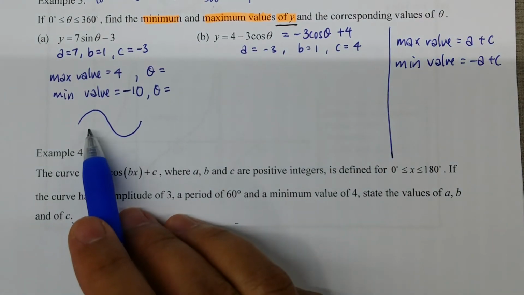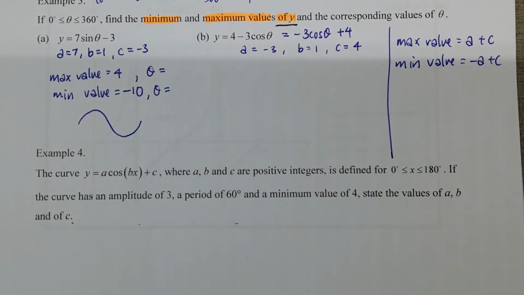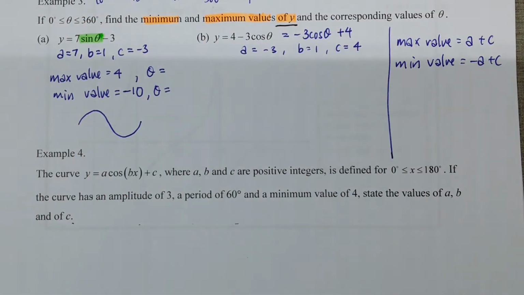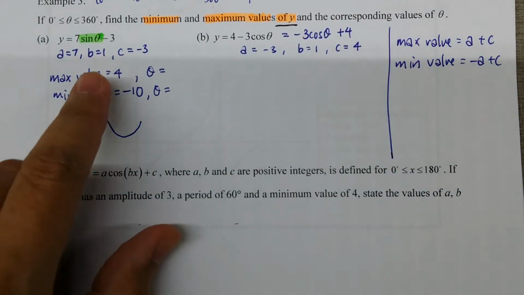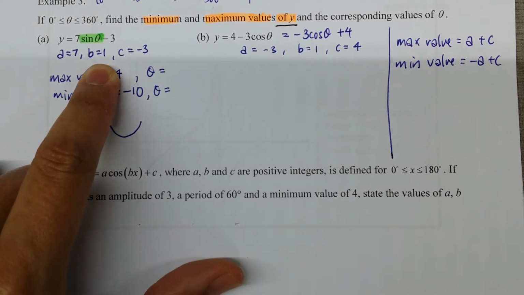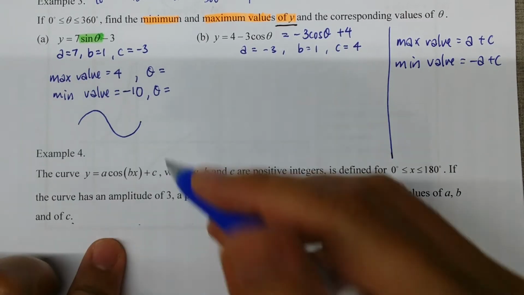So the maximum value for sine theta, I need to highlight to you again. Sine theta for this case, when b is 1, that means how many cycles are there in 360? When B is 1, how many cycles in 360? 1 cycle in 360.